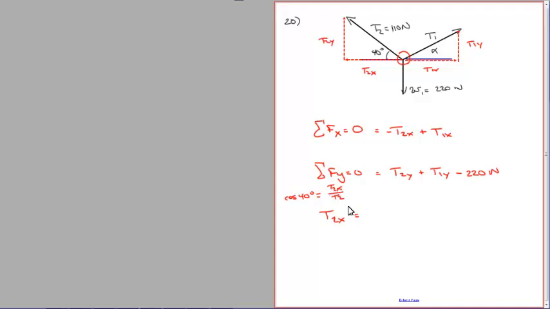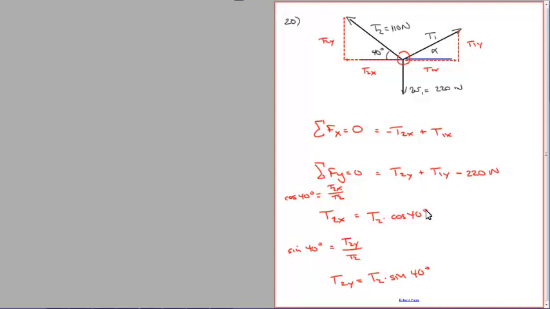So if we solve for T2x, it's T2 times the cosine of 40 degrees. Likewise, the sine of 40 degrees is equal to T2y over T2, and from that we get that T2y is equal to T2 times the sine of 40 degrees.